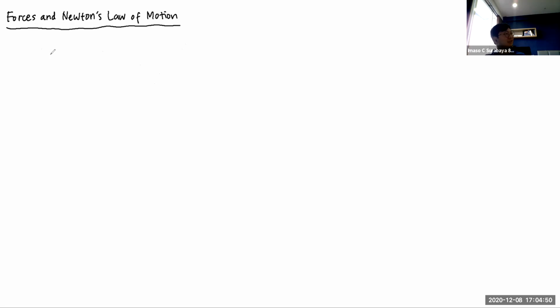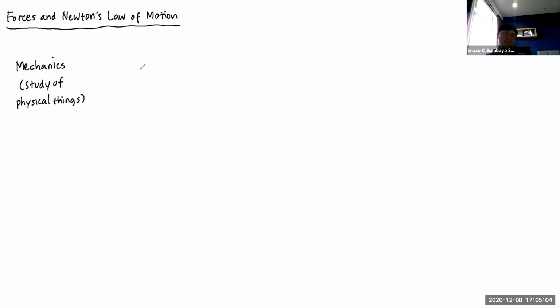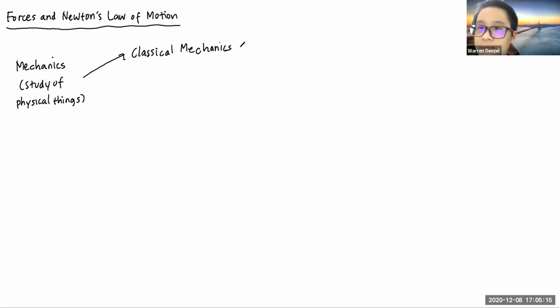Okay, actually, talking about quantum physics, the mechanics that I told you earlier is the study of physical things, right? There are actually two types of mechanics other than kinematics and dynamics. Classical mechanics, which we are talking about now, includes kinematics and dynamics.